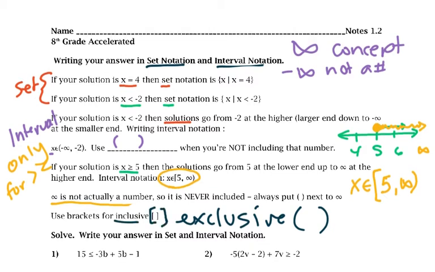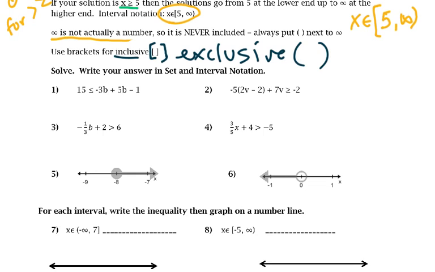Okay, so we're going to solve some problems here, and we're going to write it in set and in interval notation. So number 1, we're going to solve by first combining our like terms. So 15 is less than or equal to -3b plus 5b, like that.